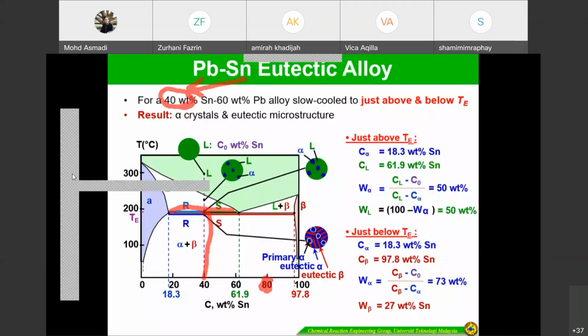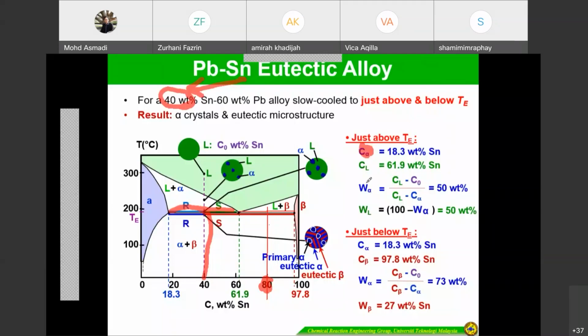So this one just above depends on the initial composition. See the initial composition first. This one is liquid and beta, just above is liquid and beta. So this one you change now. This one is for the beta.